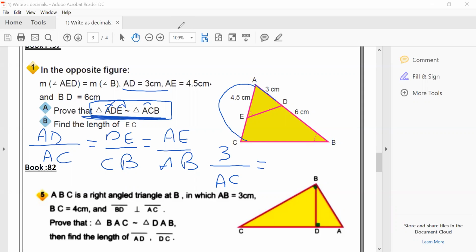DE, also no. Over CB, also no. AE, yes, 4.5. And what is the last side? Over 9. Excellent.